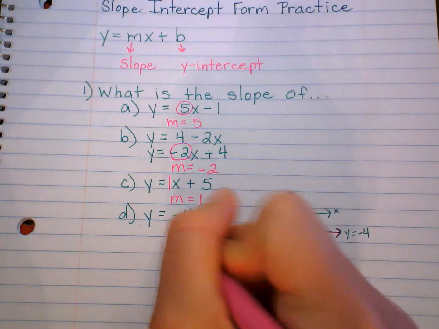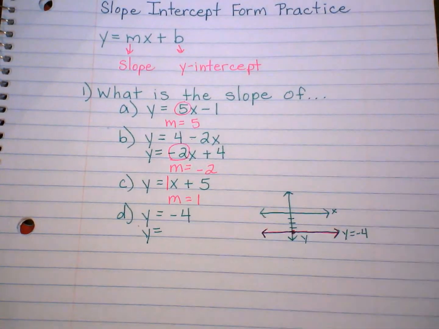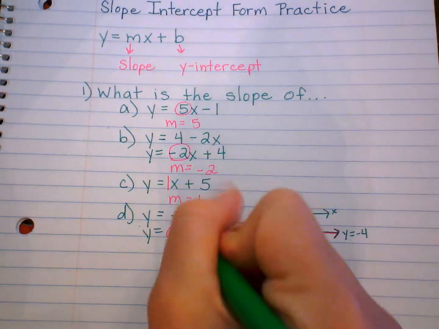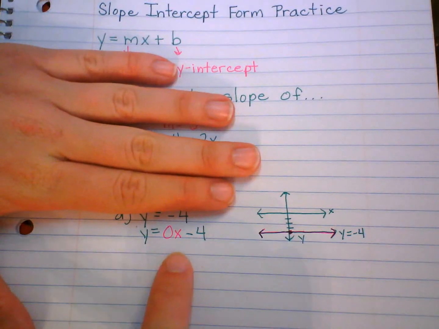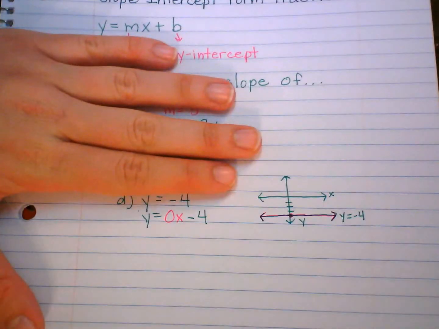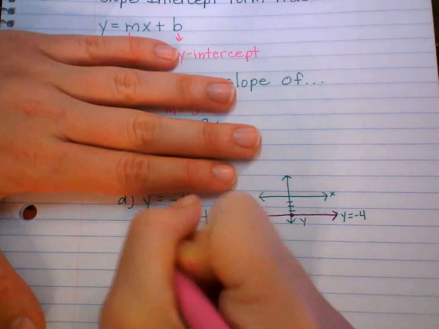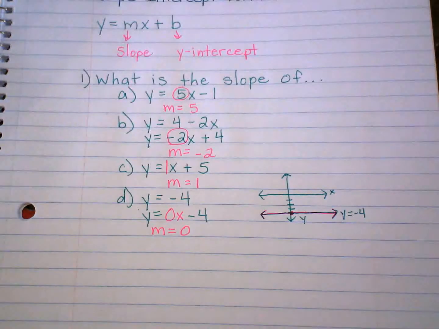Where's the mx? Well, technically y equals mx is actually 0x. There isn't one plus b, so minus 4. That's what the actual equation is. Y equals mx plus b. There's no slope. The slope is 0. So m equals 0.